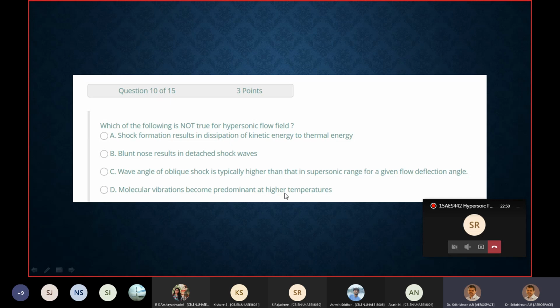The flow loses its kinetic energy, the velocity, but the temperature increases, and when there is a temperature gradient with an approaching body, there is heat transfer. Even within the flow, the internal energy and the temperature increase. So statement A is correct, and that's not the choice.